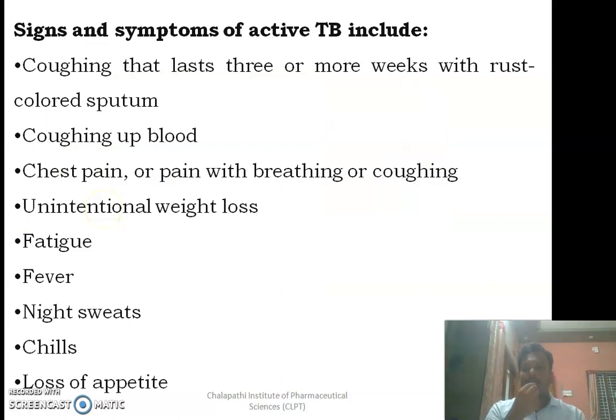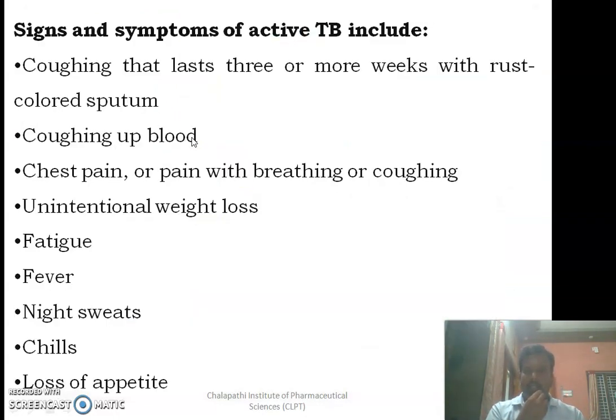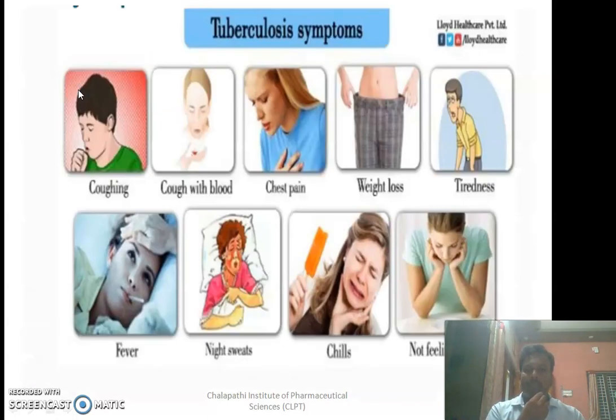And if you observe the symptoms of tuberculosis, the most common symptom is cough. Sometimes we will also observe cough with blood and sputum. Rust-colored sputum is the most important thing to remember in case of tuberculosis. We'll observe chest pain as well as weight loss.